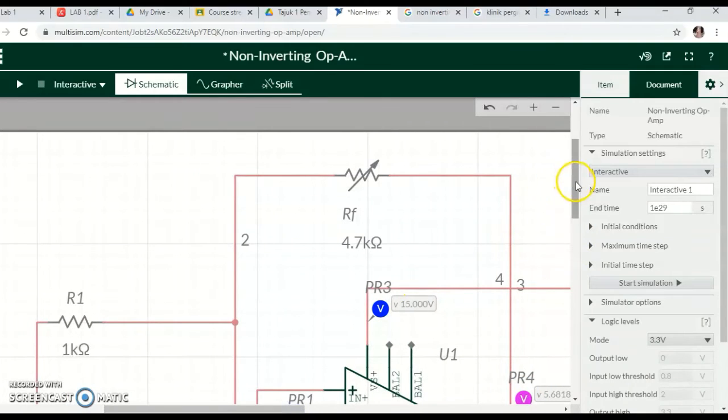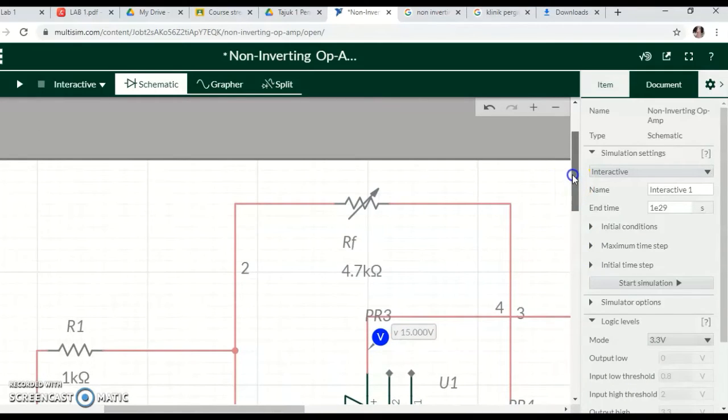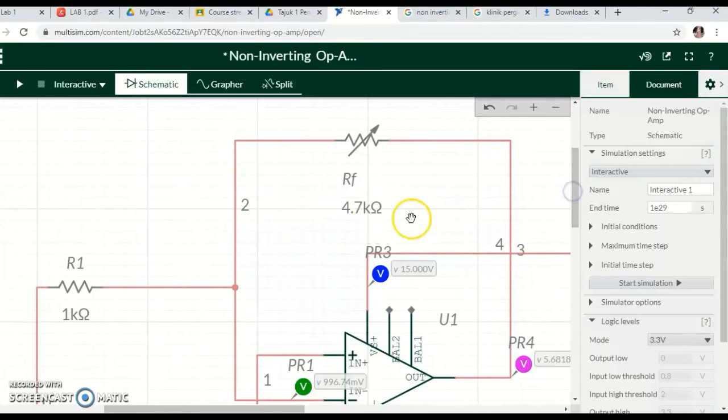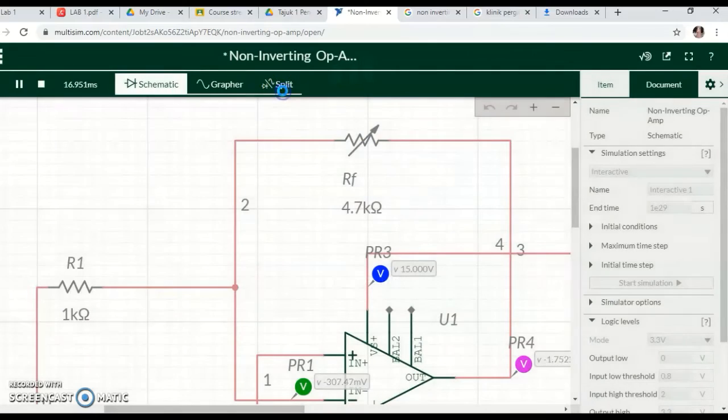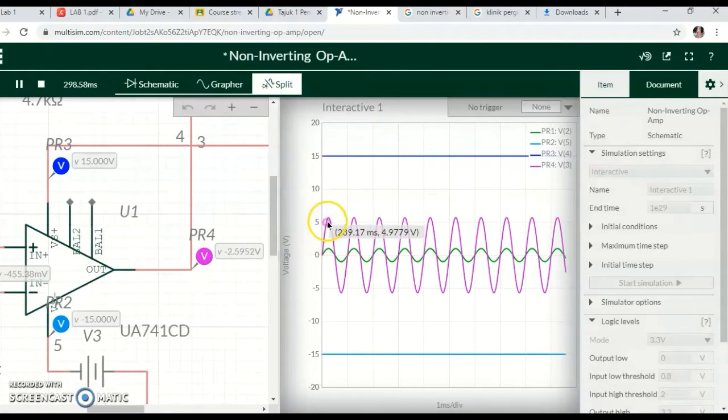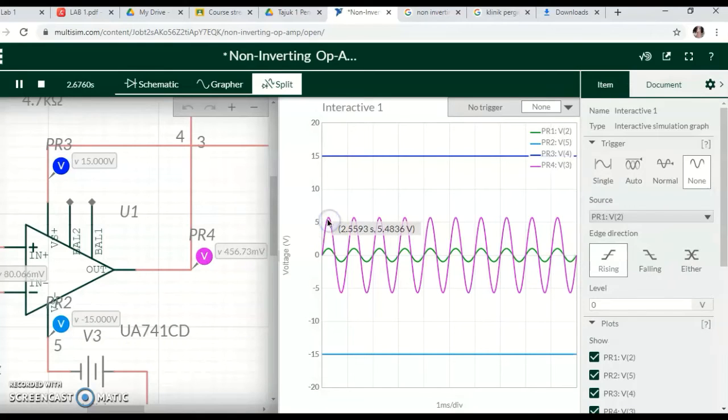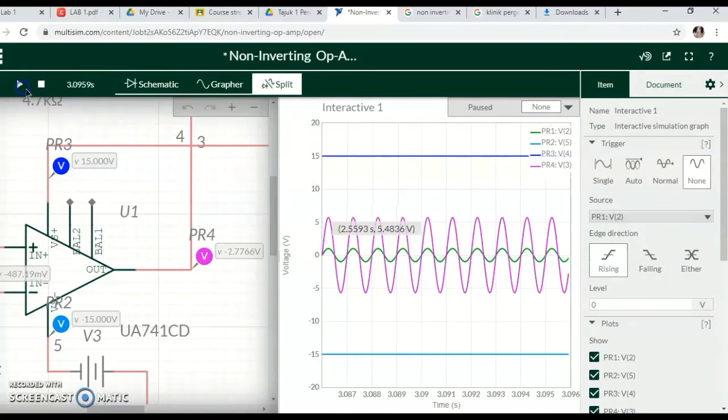In non-inverting, we repeat the steps as for inverting, where RF is 4.7 kilo ohm. Then if we run, we can see the output starts with a positive signal. So for the V out, we get 5.4240 volt.